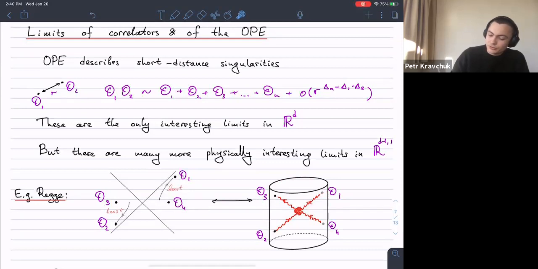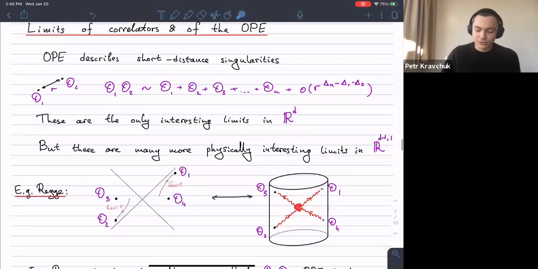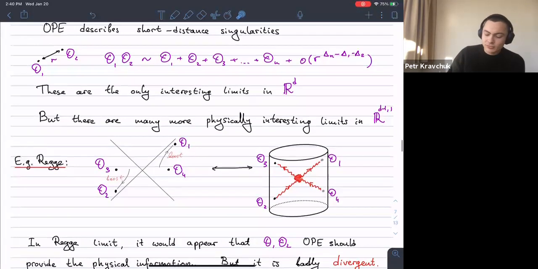So you have operators O1 and O2 approaching each other's null cones, and the same happens for 3 and 4, and they're also null separated in the bulk. So this corresponds to some high energy scattering process in the bulk. And then from this picture, you can see that the operators O1 and O2 have special kinematics between them.